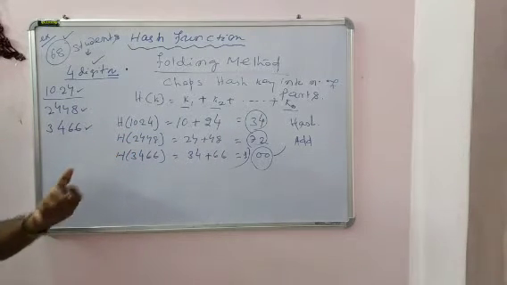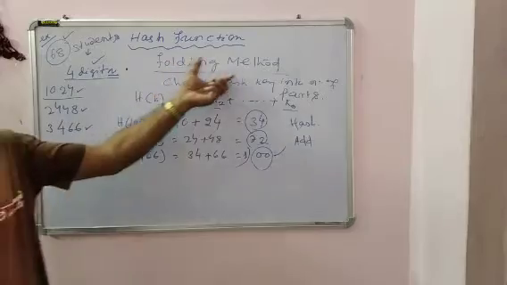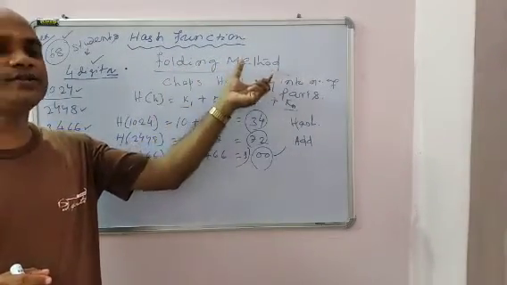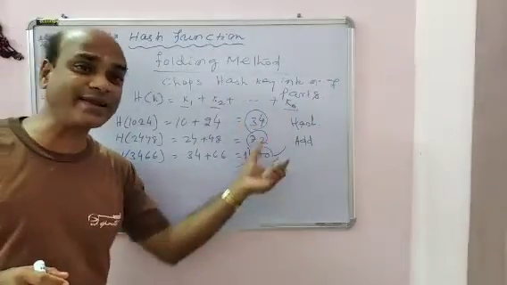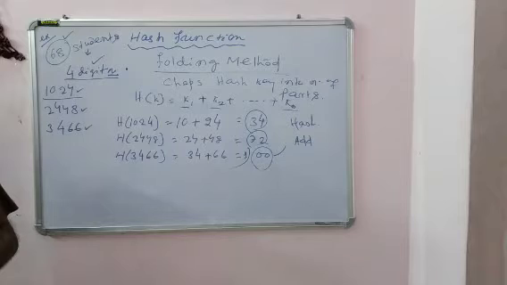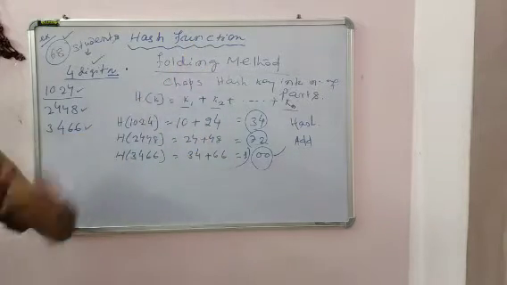Now we observe that each hash algorithm results in different hash addresses. Different hash functions provide different hash addresses for the same student roll number or key value. So different students have different storage addresses whenever we apply different hash functions.